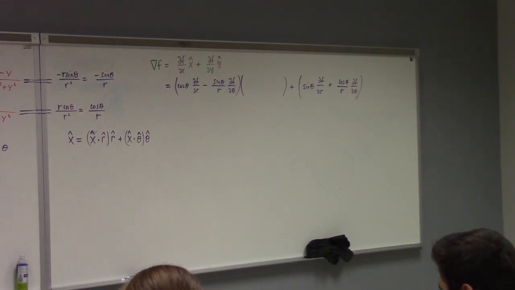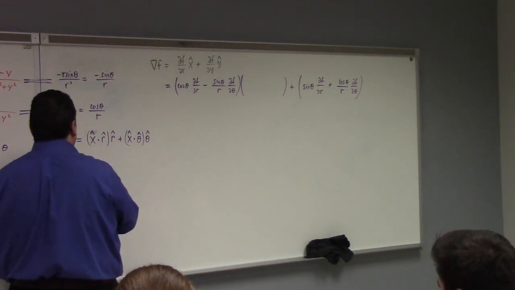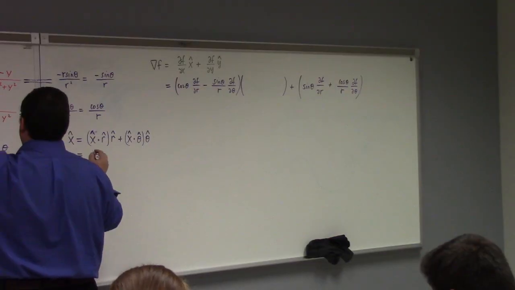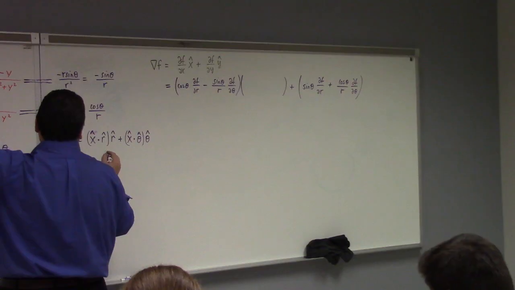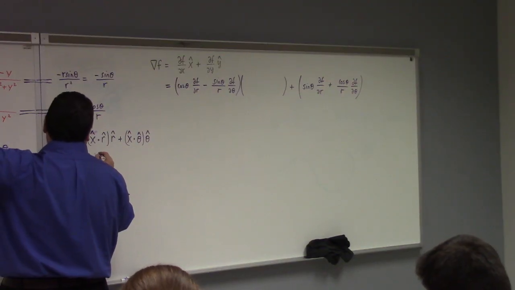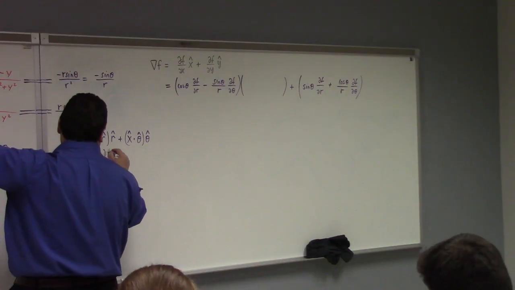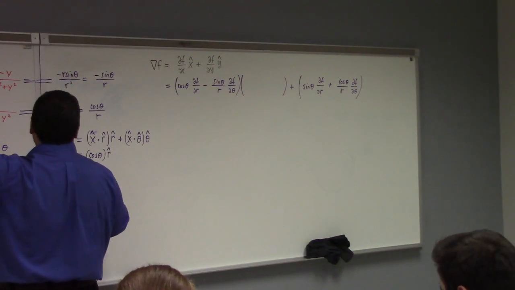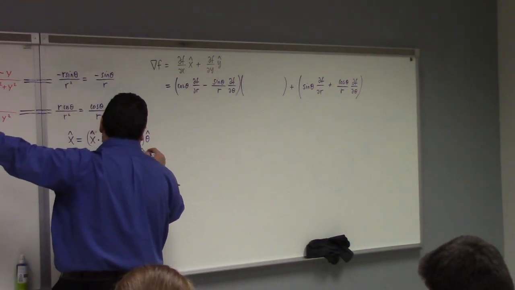But you tell me, what is x hat dot r hat? Look at r hat, right there. X hat dot r hat is cosine theta. So you have cosine theta r hat. What's x hat dot theta hat? It's minus sine theta, right?